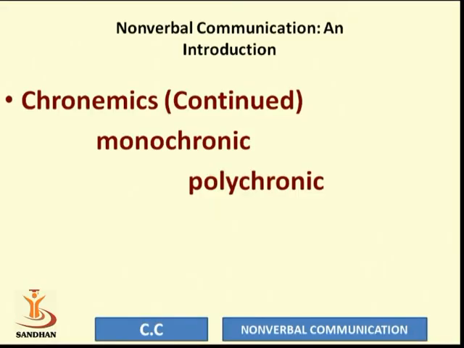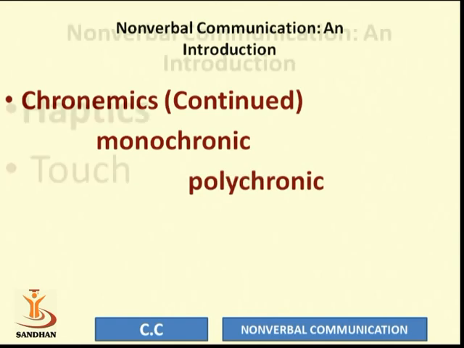And when we enter the field of work, the workforce, we need to understand what is the demand of the entire office, or what is the demand of the entire organization. So this is very important, this particular segment of monochronic and polychronic usage of time.